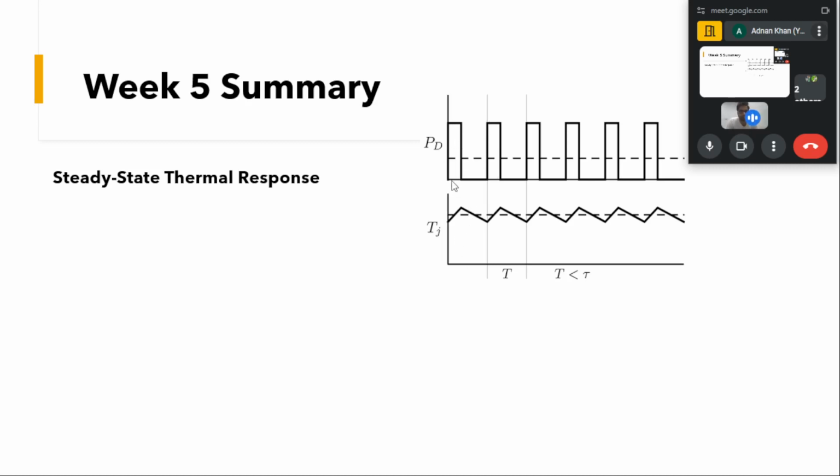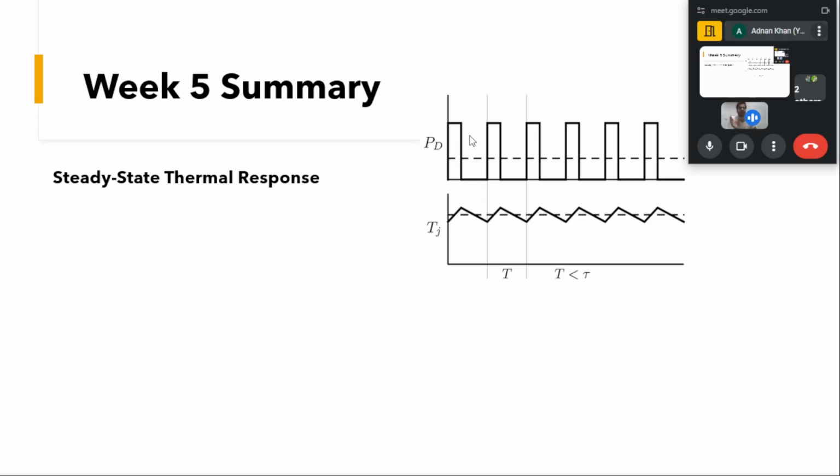Whenever the device is turned on or turned off, what will happen? If we had a particular junction temperature, the temperature of the junction will rise because of the switching loss, and after that the device may turn off, and there won't be any switching loss then.